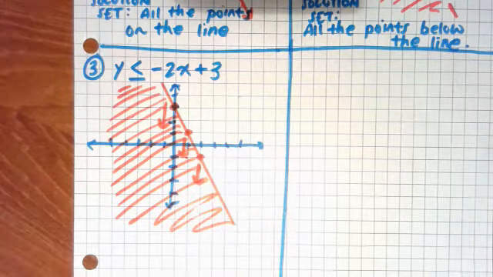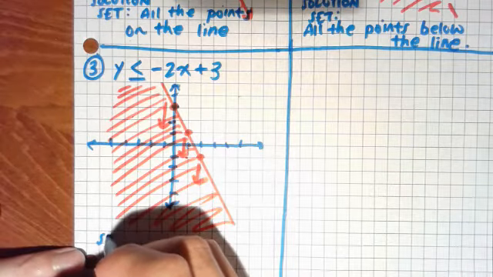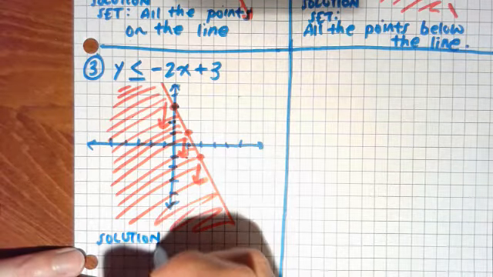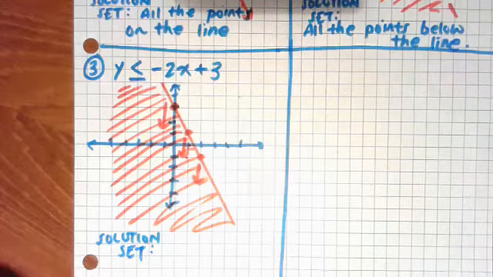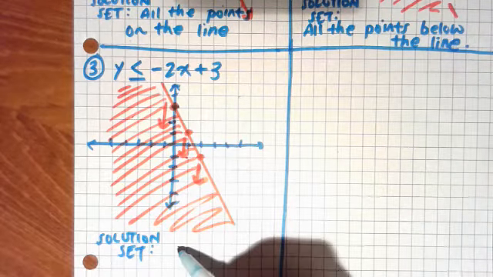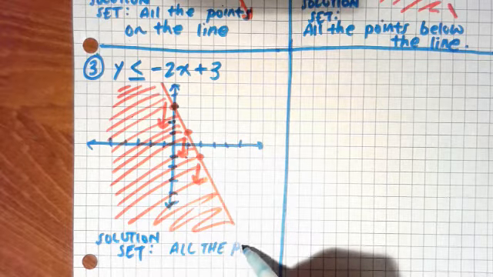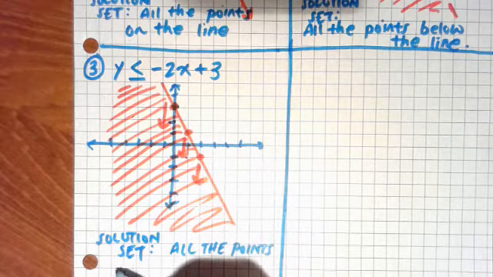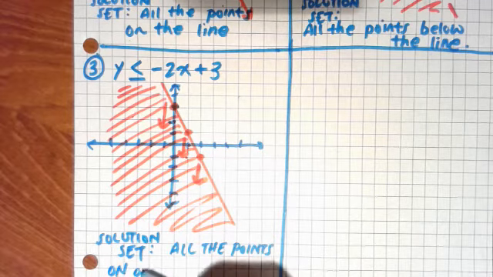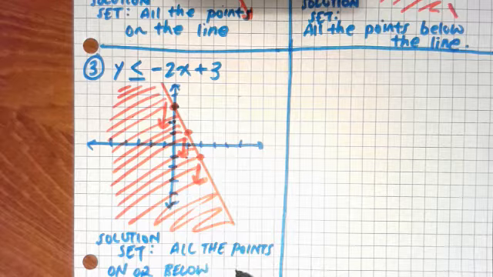And now our solution set is going to be all the points on or below the line.